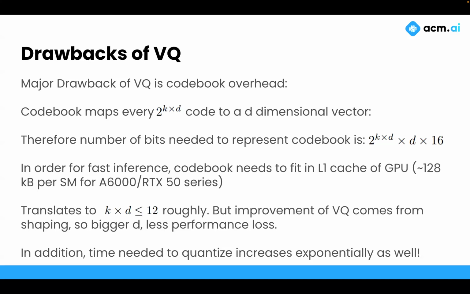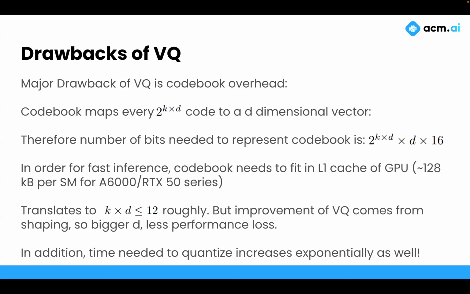The problem is that the improvement of vector quantization over scalar quantization comes from high dimensionality, which allows us to shape it better. So we need a better way of representing it that avoids this exponential growth with d, in order to have good or even better quantization.